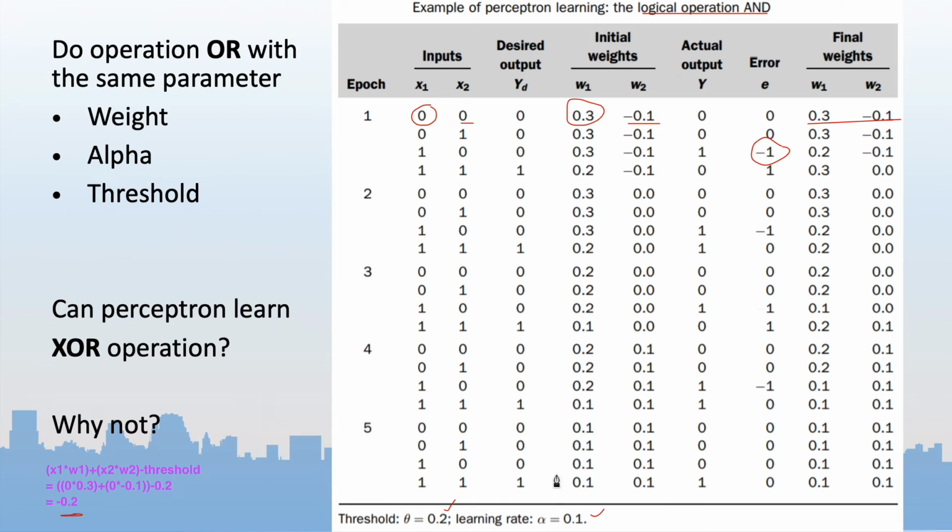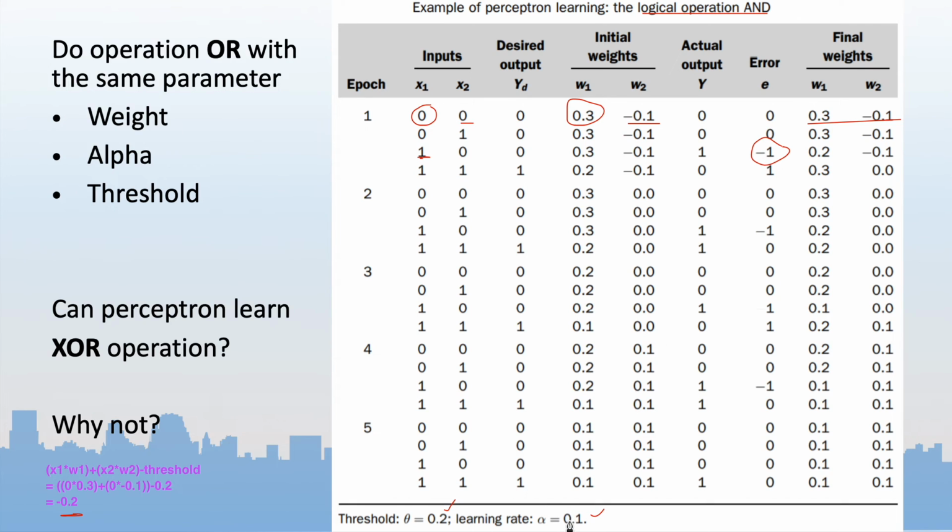Alpha is 0.1, and then it needs to be multiplied by the input, which is 1, so 0.1 times input 1 remains 0.1, and then times error, which is negative 1.